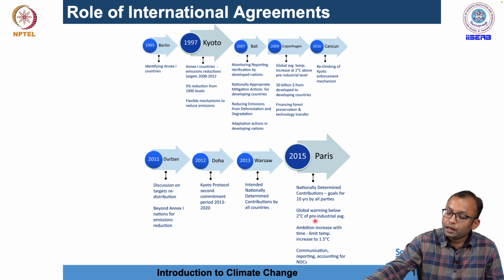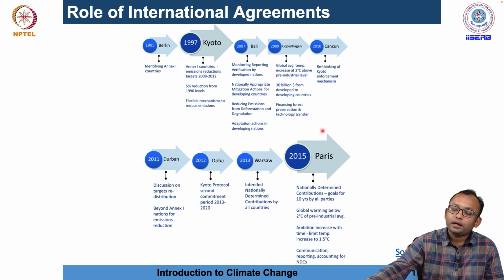We also talked about keeping global warming below 2 degrees of the pre-industrial average, the ambition increasing with time, and the limit temperature, a threshold we have defined like 1.5 degree or 2 degree. And then we have communicating through reports and for different authorities to implement whatever has been discussed during the Paris.